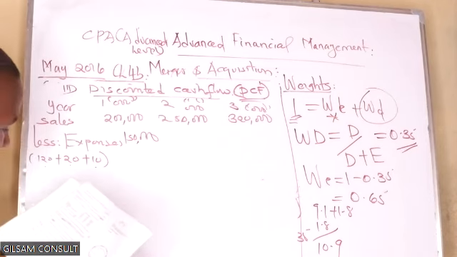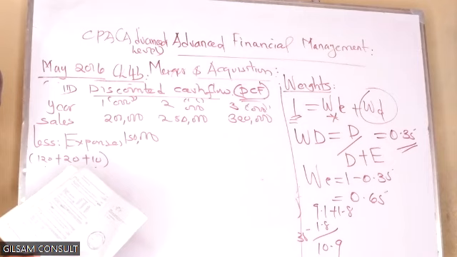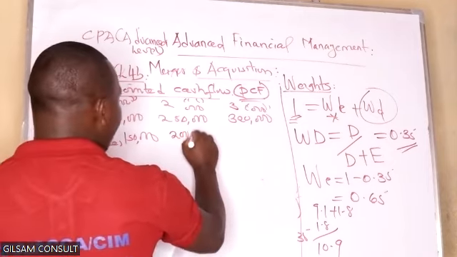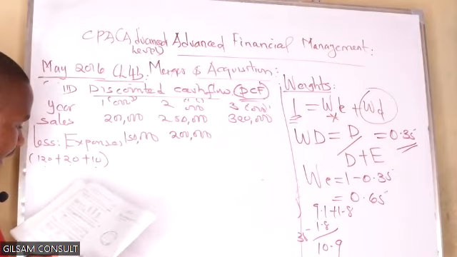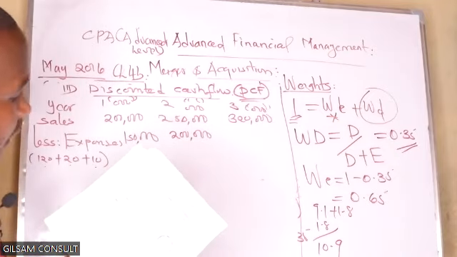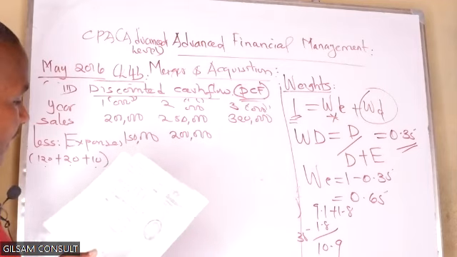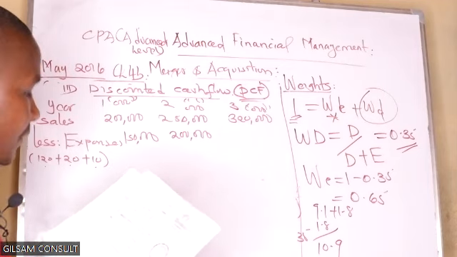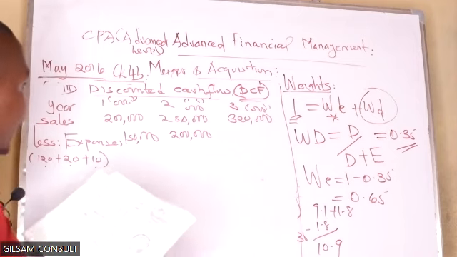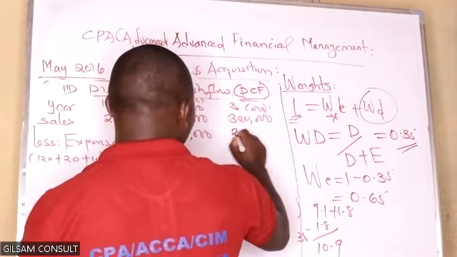The second one, I can add 160 plus 30 plus 10. That is 200,000. For the third, cash expenses is 180, capital allowance is 40, and interest charge is 10, that is 50 plus 180, giving me 230.